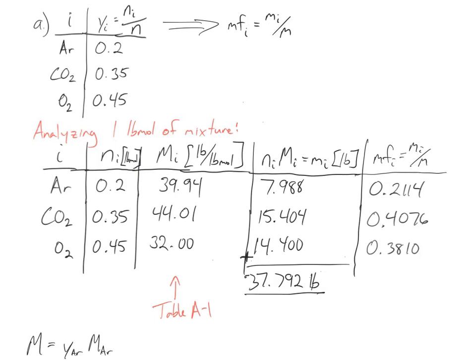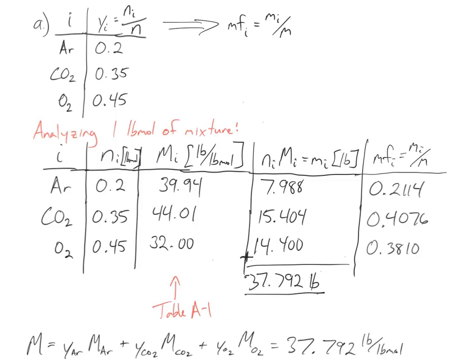Then we add the mole fraction of CO2 times the molecular weight of CO2, and finally the mole fraction of oxygen multiplied by the molecular weight of oxygen. Multiplying and adding all those together, we're going to come up with 37.792, not pounds, but pounds per pound mole.